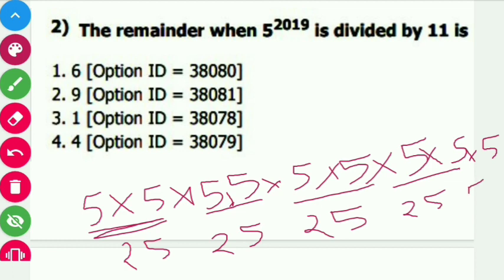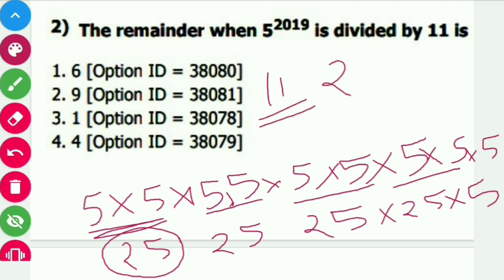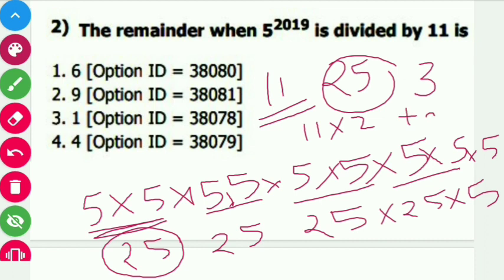Now when we take modulo 11 of this 25, we get the number 3, because 25 is equal to 11 into 2 plus 3. So when we take modulo 11, this is just equal to 3.